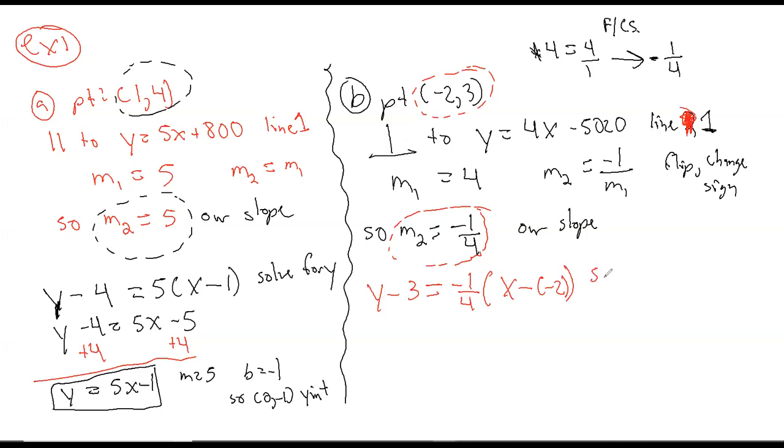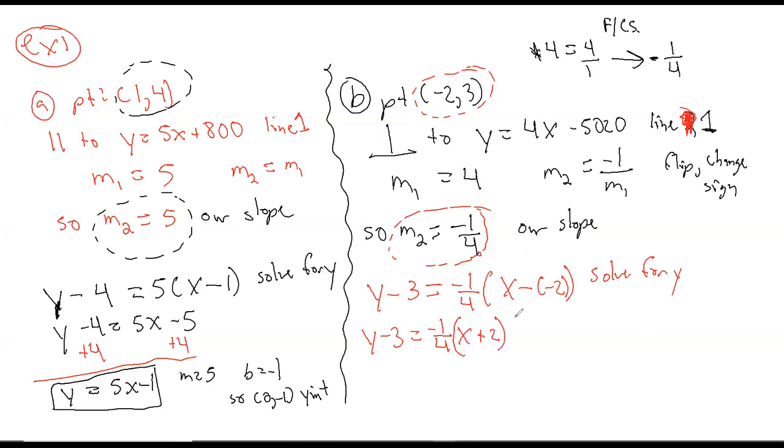And then we just, surprise, surprise, solve for y. That double negative becomes a positive. So y - 3 = -1/4 (x + 2).